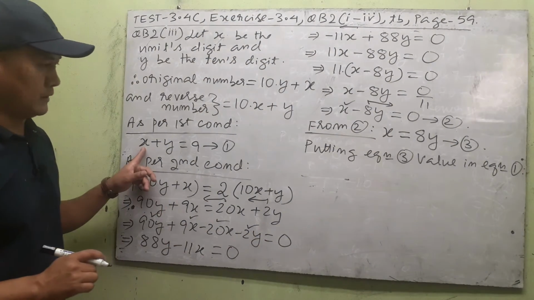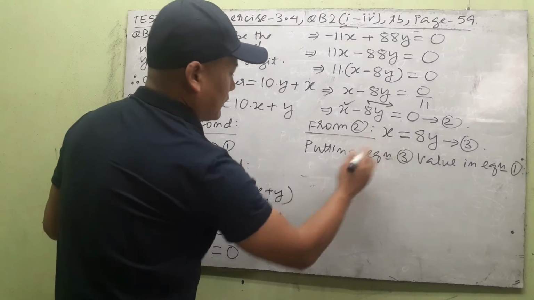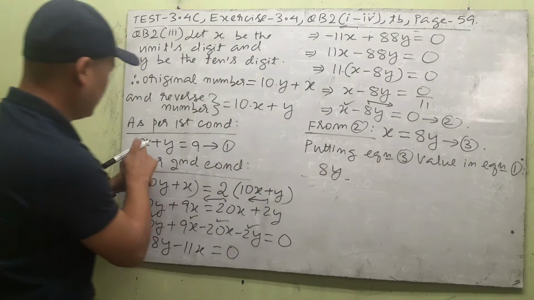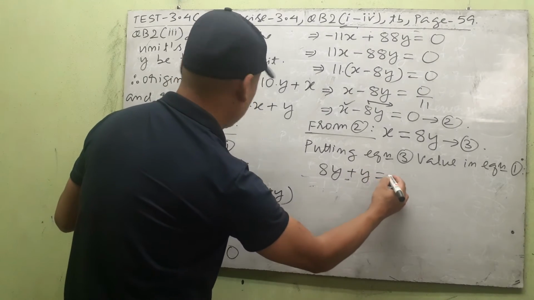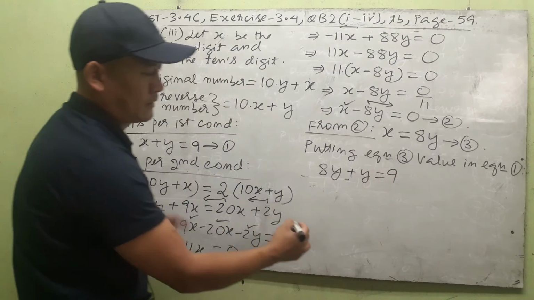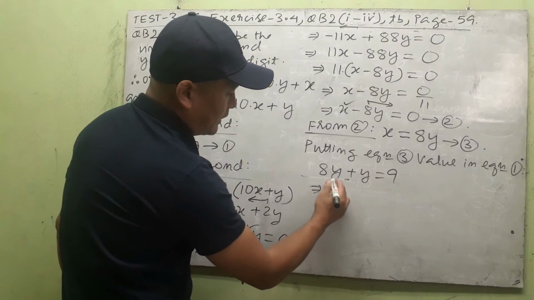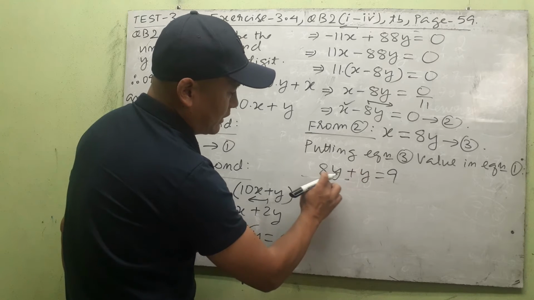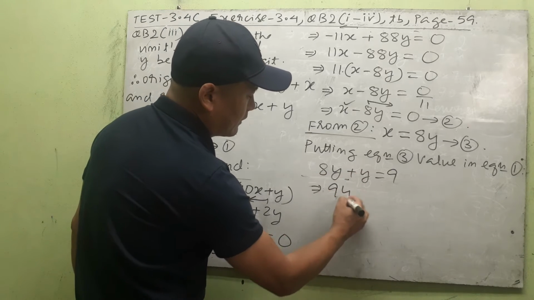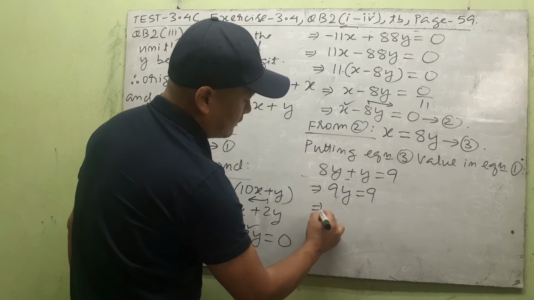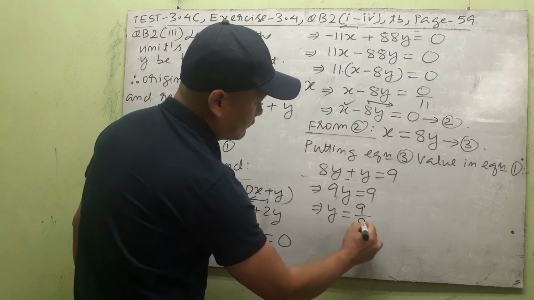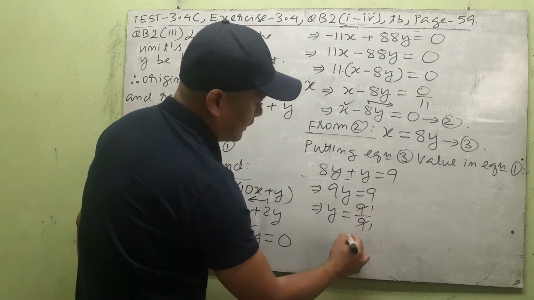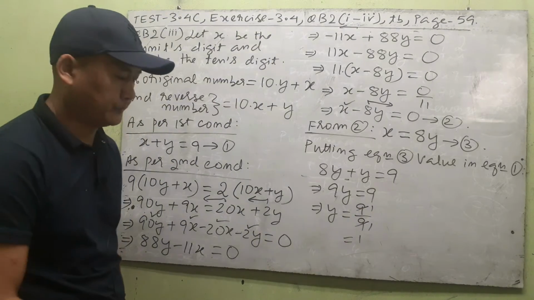So we replace x here by 8y: 8y plus y is equal to 9. That way 8y plus 1y is 9y, equal to 9. So y equals 9 divided by 9, which is 1.